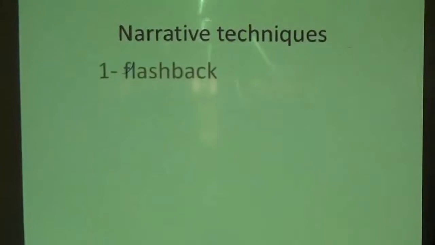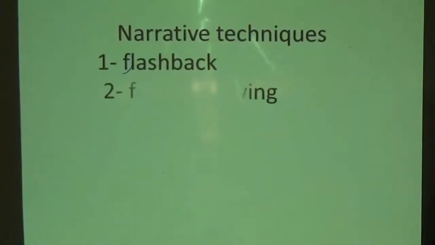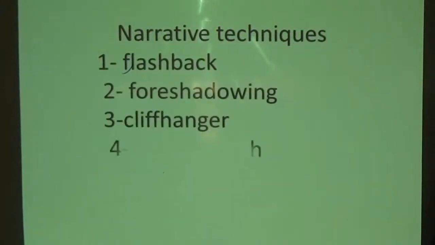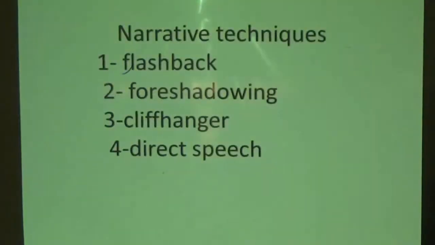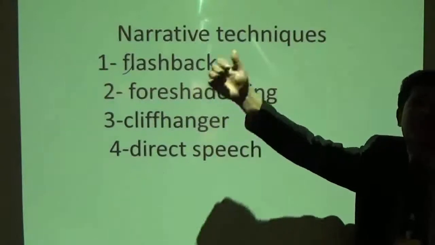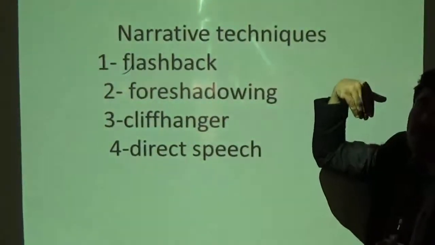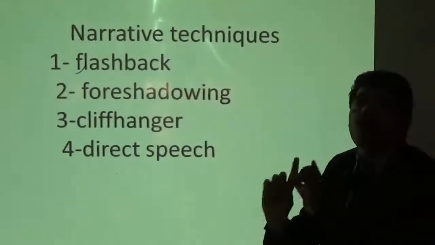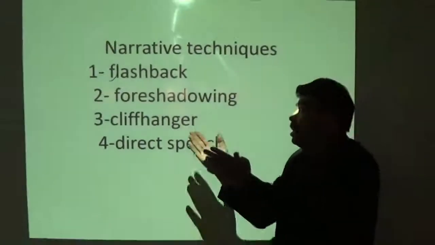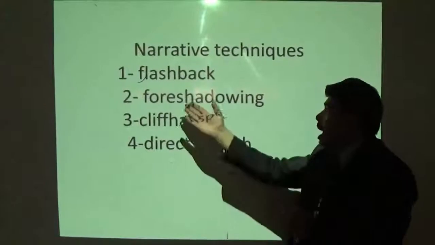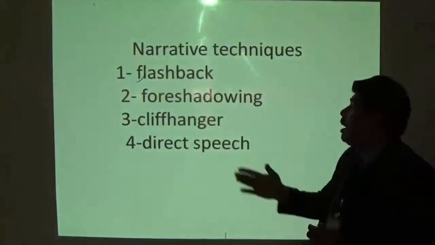The narrative techniques are very important because he may ask you what narrative techniques the writer used. Flashback means he is talking about the past. He remembered what happened when he was young, something like that. Foreshadowing is to talk about the future. He may ask you which paragraph has a foreshadowing technique.